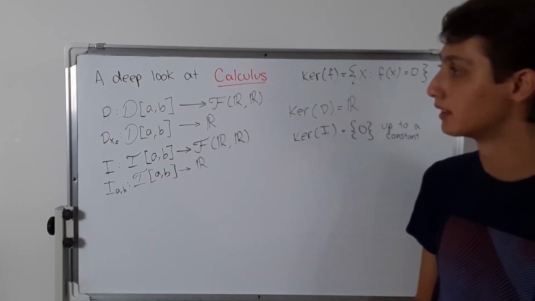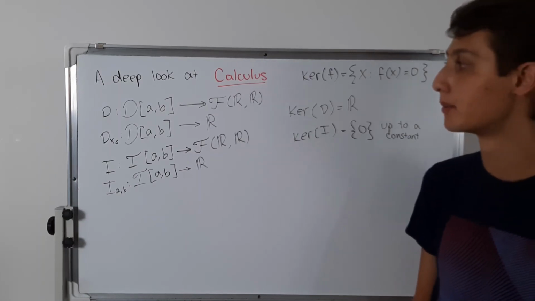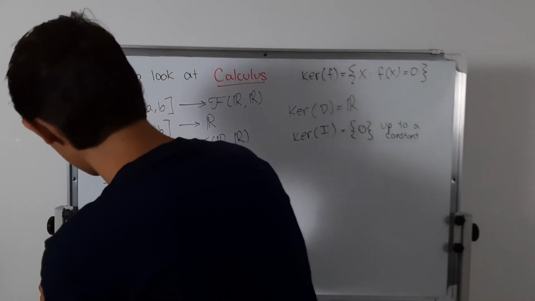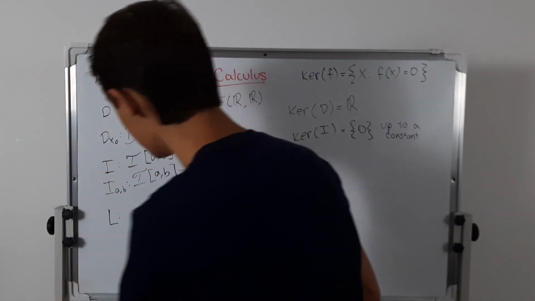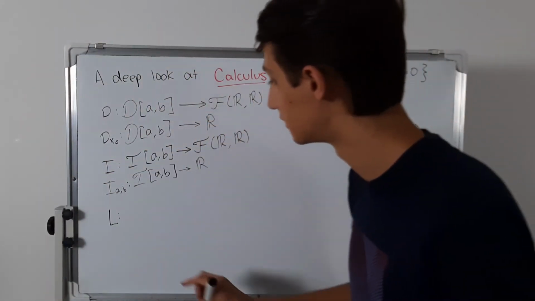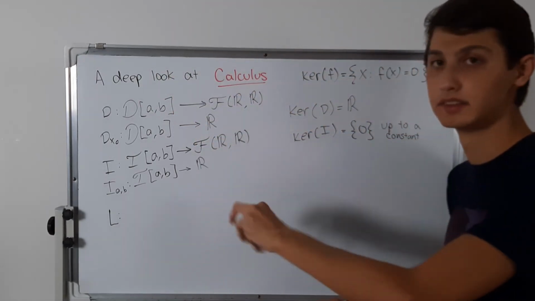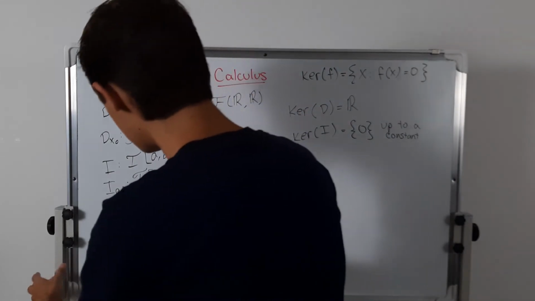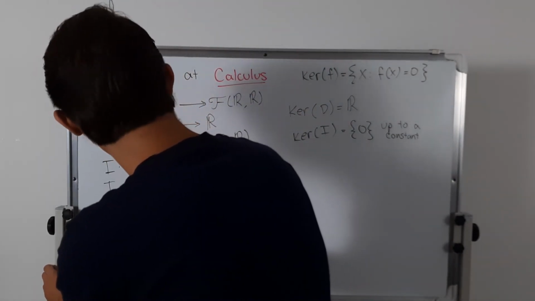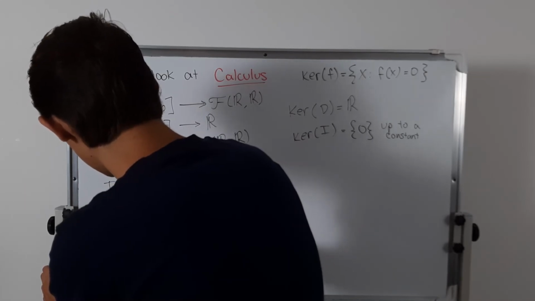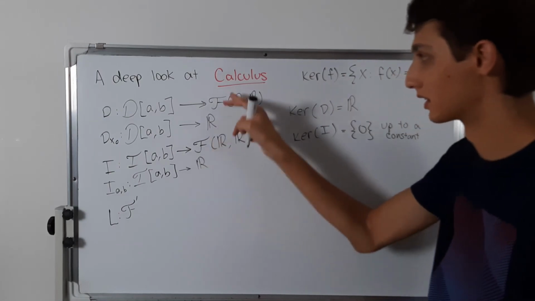Let's see, so the limit is another thing I want to think about, but that's really hard, so I'll just talk about it. The limit, I'll call it a function L, actually has two inputs. What we have is the actual function, so it comes from some sort of function space, which I'll call F prime, because I don't want to confuse it with these.